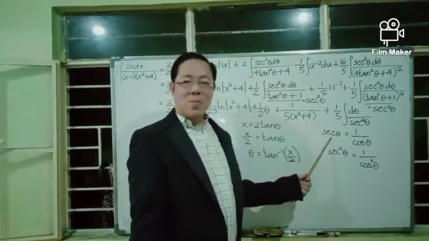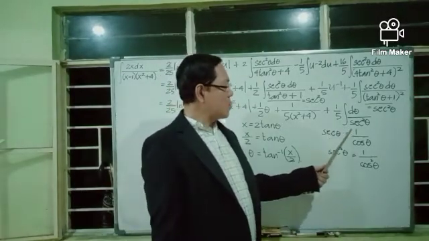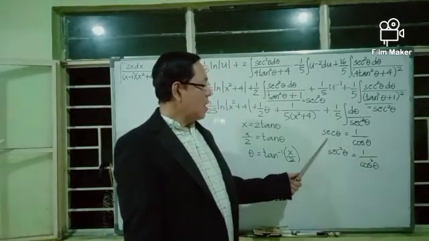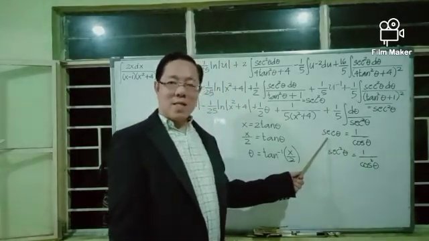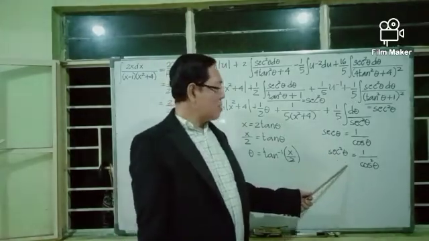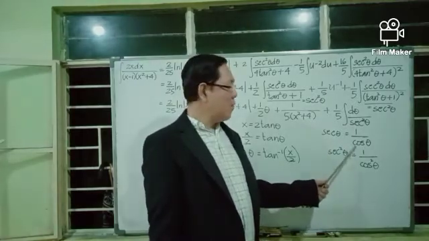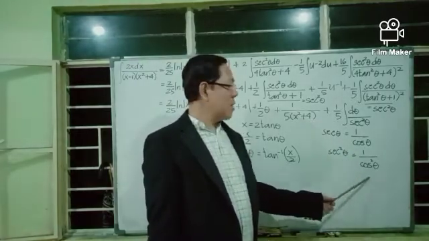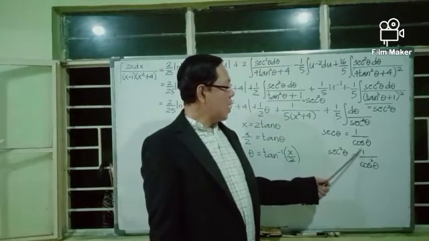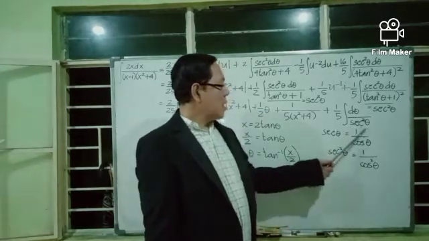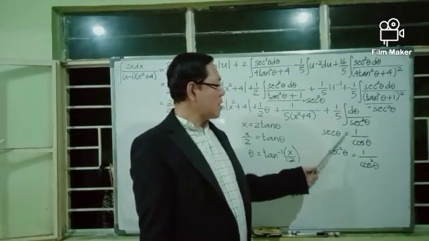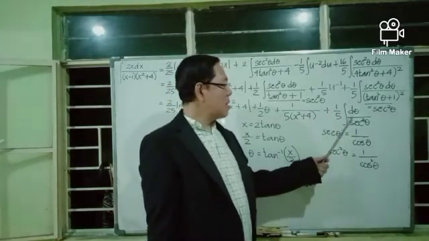And from this identity, we take the square of both sides. So secant squared theta is equal to the square of 1, which is 1, over cosine squared theta. We replace secant squared theta with 1 over cosine squared theta. And the last term will simplify to 1 over 5 times the integral of cosine squared theta d theta.